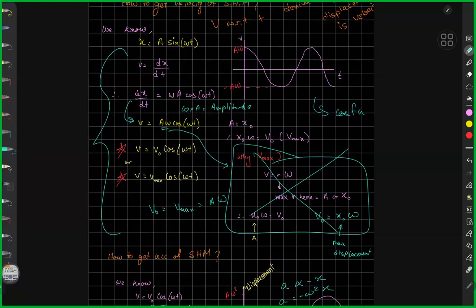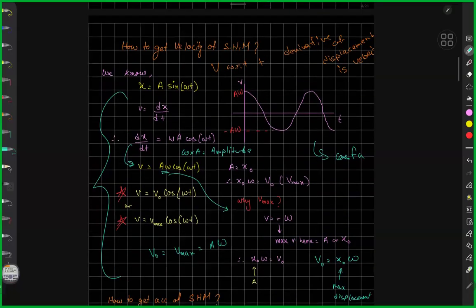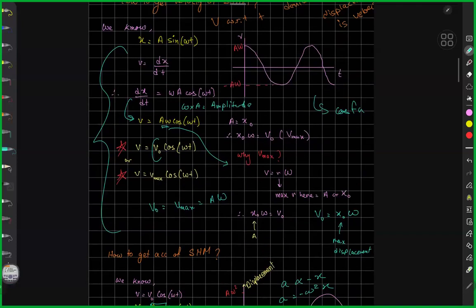The amplitude is always the maximum value. So even just looking at this, if you don't know circular motion, what is A omega denoting? The amplitude of the velocity function, which is the maximum velocity. So I can write A omega as v naught or v max. Doesn't matter. Equal. Got it?